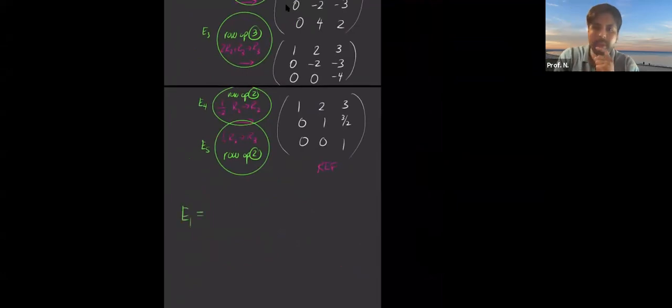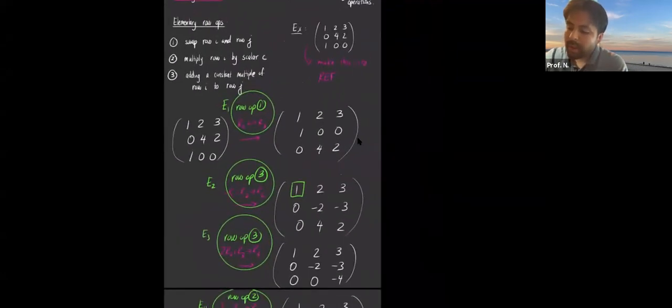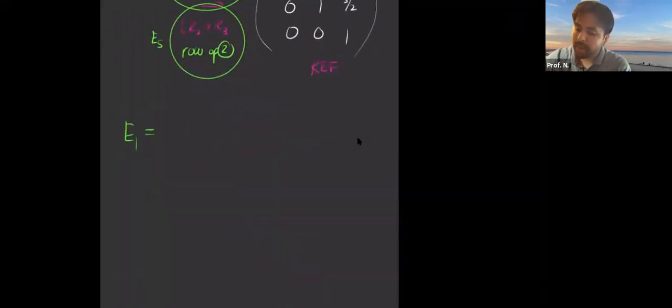What do you think E1 would be? These elementary row operations are just variations of the identity matrix. So let me help you with E1.